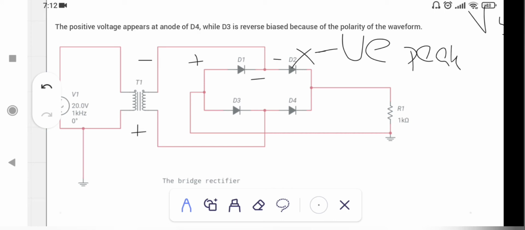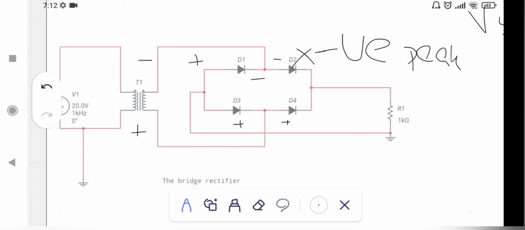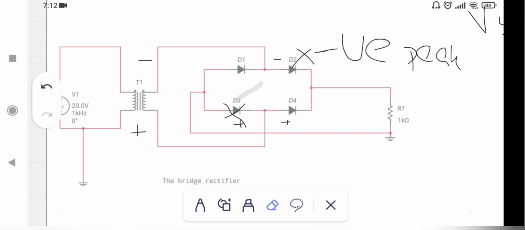What is the current path during this cycle? You can see the positive voltage appears at D4, and it makes it conducting. As you know, the current will always flow from higher potential to lower potential.